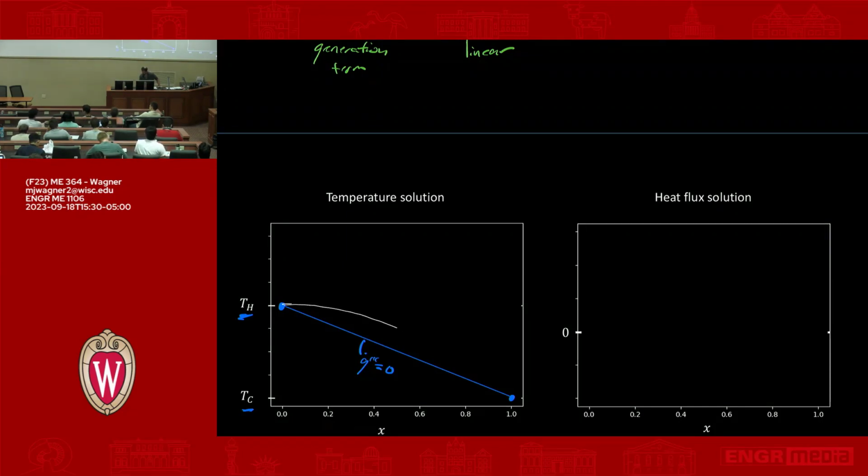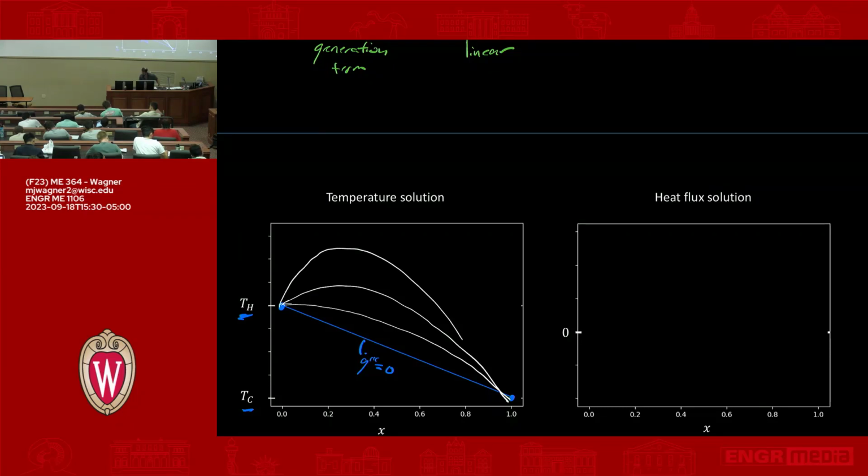That might look something like this. This would be the temperature profile. As you ramp up that generation more and more, it's going to look like this and like this, and so on. My drawing gets worse and worse, but this is what the temperature profile starts to look like.